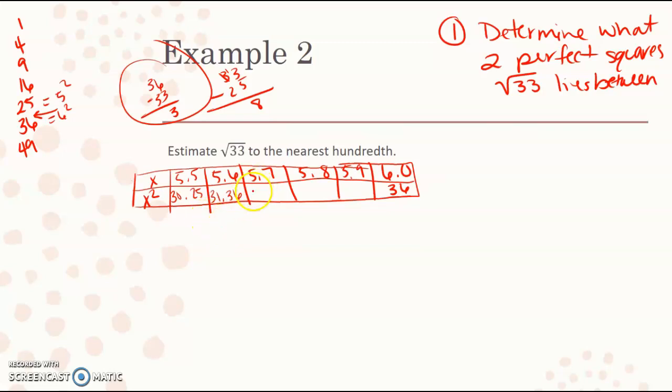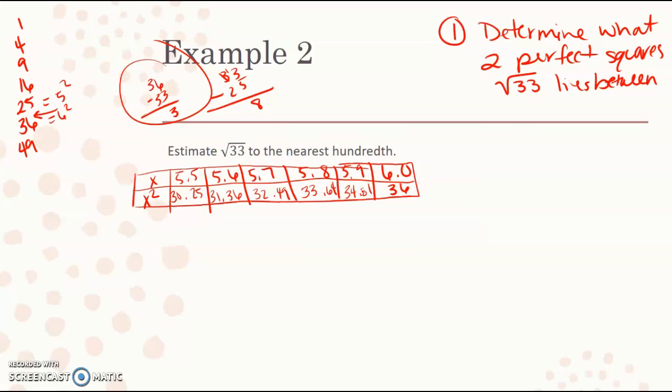And I get 32.49. I'm going to take 5.8 and I'm going to square that one. And I'm going to get 33.64. And I'm going to take 5.9 and I'm going to square that. And I'm going to get 34.81. So that's my first table.